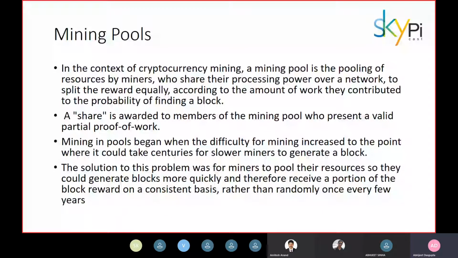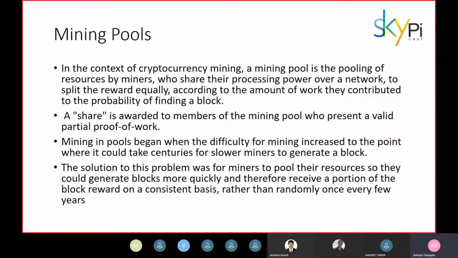But if you collaborate and collectivize all the crypto mining power that you have along with different miners like you, you can have a pool of resources available which has a higher processing power and has more chances of solving those puzzles and having success at mining the coins that you are trying to mine. Obviously, when you are sharing your resources, the reward that is given is also shared based on the amount of work that you have put in.